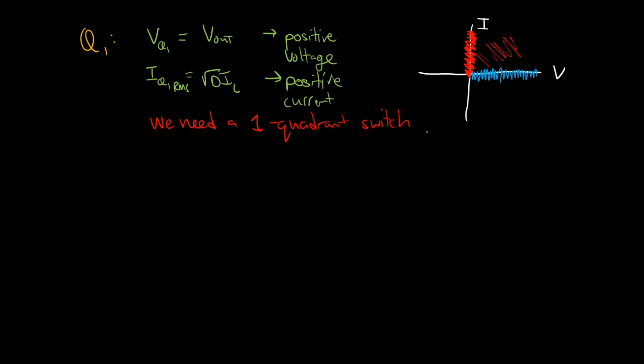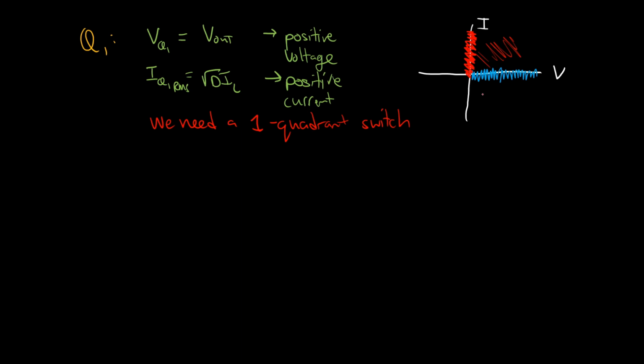So it doesn't need to block a negative voltage, it doesn't need to conduct a negative current, it just needs to block positive voltage and conduct positive current. So in some sense it's a very restricted kind of switch. It doesn't need to be ideal. An ideal switch would be able to block positive and negative voltage when it's off and conduct both positive and negative currents. However, this thing doesn't need to do that.